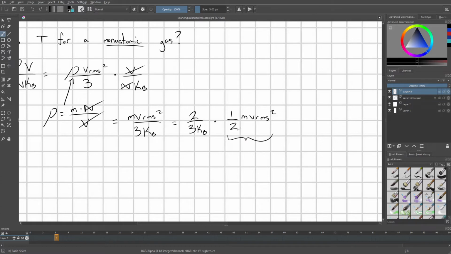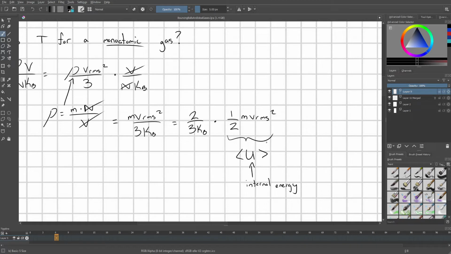This guy is simply the average internal energy of our gas. I'll call this U, the internal energy. And we also recognize that this internal energy is purely kinetic energy.